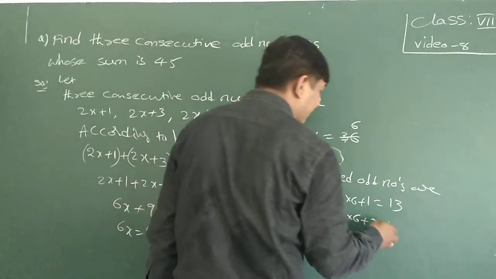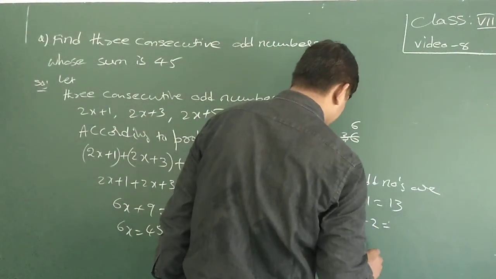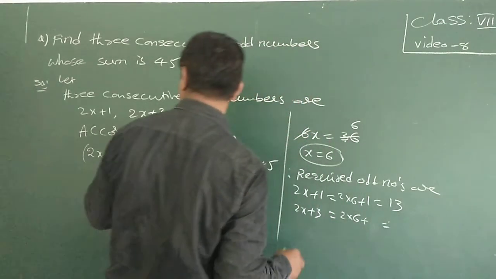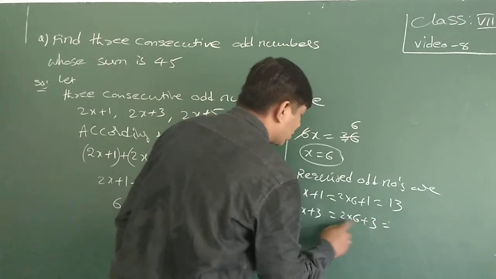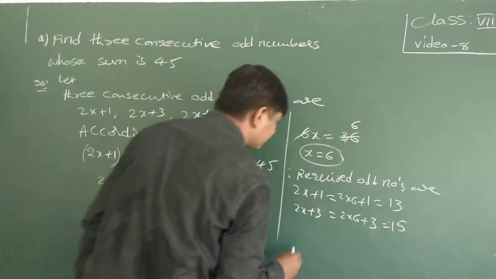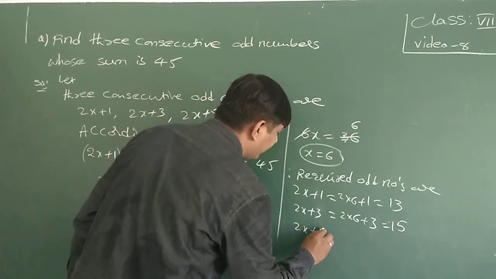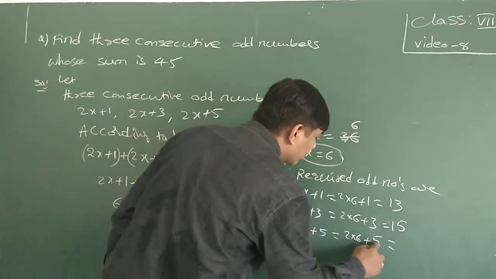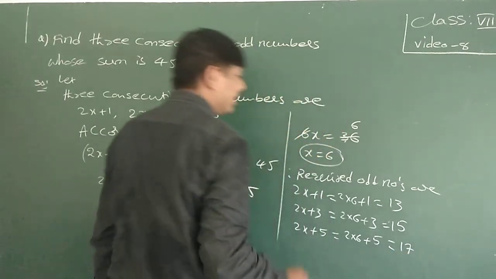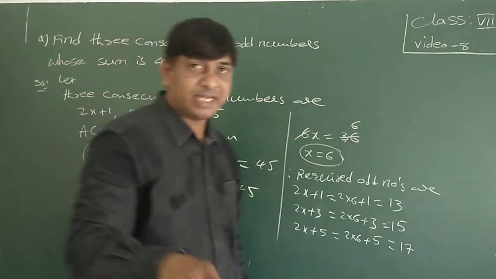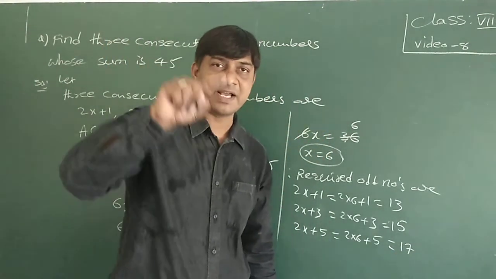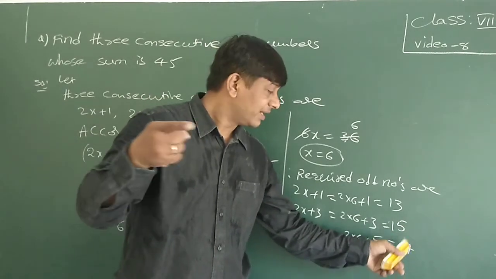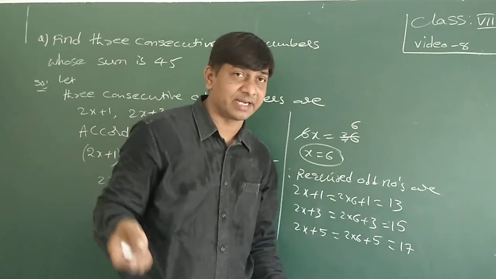Next number is 2x plus 5: 2 into 6 plus 5. 2 sixes are 12, 12 plus 5 is 17. After 13, 14 is an even number. Next, 15 is an odd number. After that, 16 is an even number, and 17 is the odd number. These 3 I select.